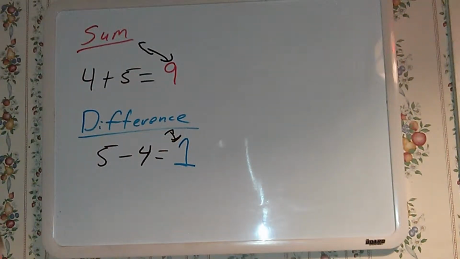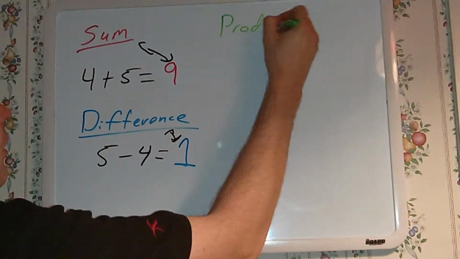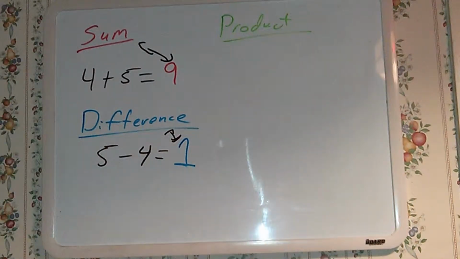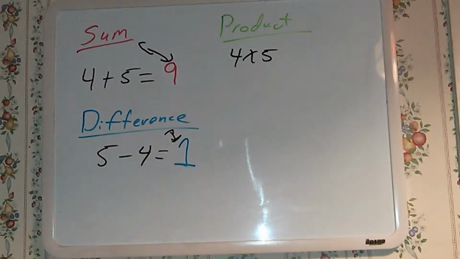Now, when you get to multiplication, product, P-R-O-D-U-C-T, is when you have numbers, and again, it doesn't matter how many. We're just going to stick with 4 and 5 because those are nice, easy numbers.